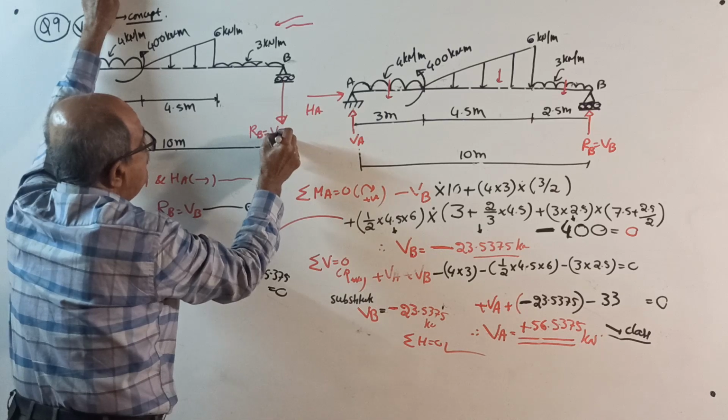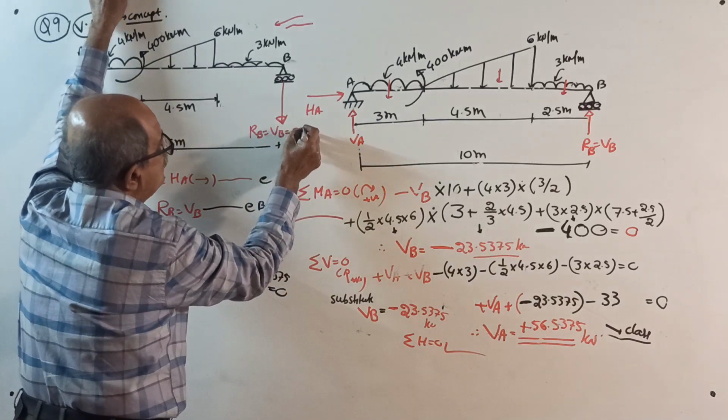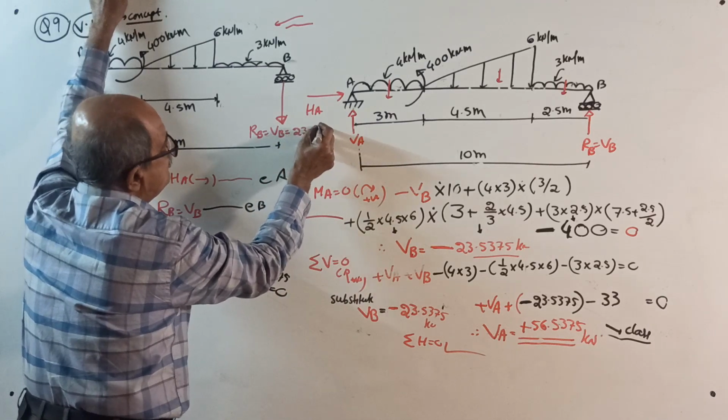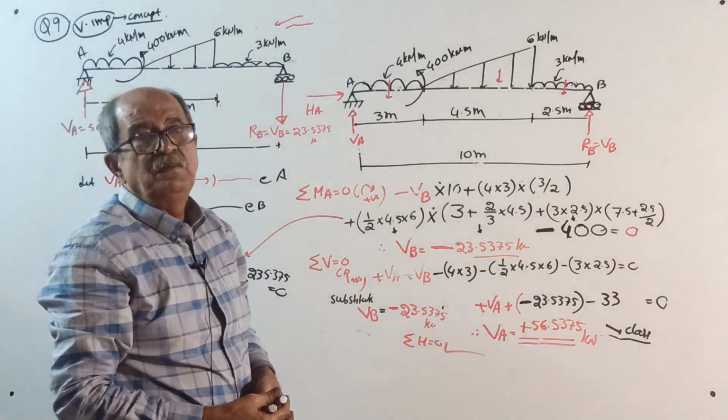RB equal to VB equal to, how much is it? Now no minus sign now, 23.5375 kilonewton.